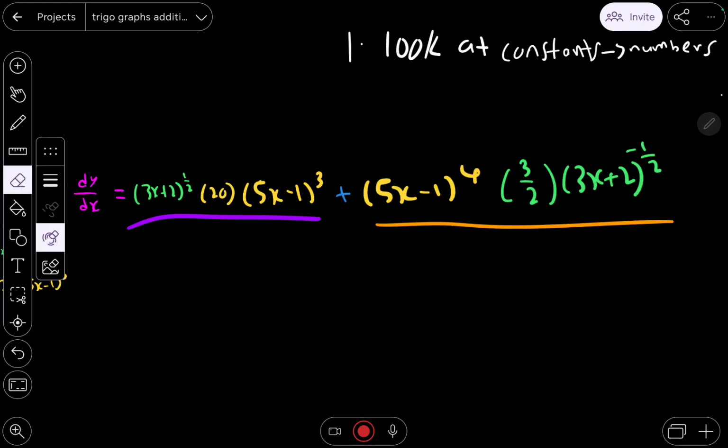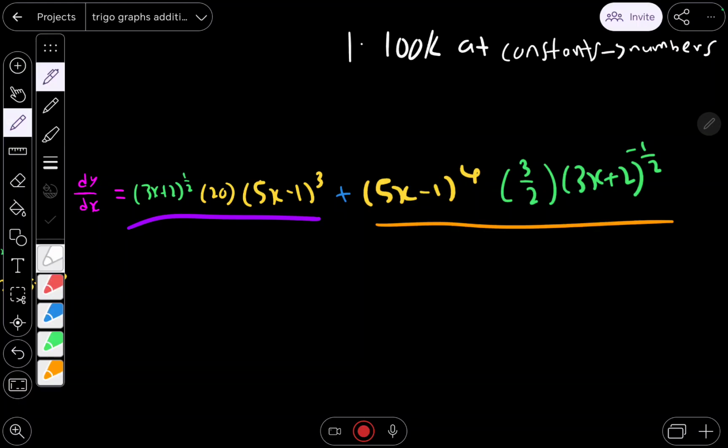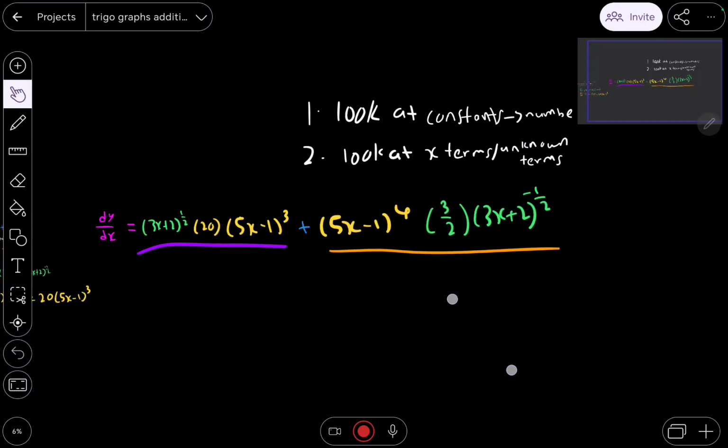And then number two, look at your x terms or unknown terms.